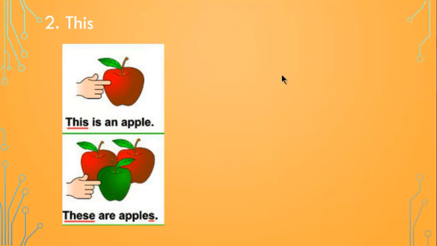See, this cursor is near this word, so I use T-H-I-S, this. And when I put the cursor far away, at that time we use that. When the cursor is far, we use that.